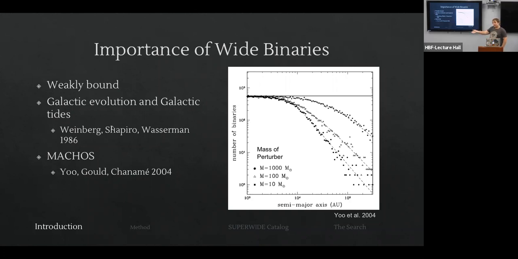With more massive perturbers, you have a sharper decline in wide binary separation. Up here you have a 10 solar mass perturber, and as you go down to the bottom, you get 1,000 solar masses. Okay, I get it.